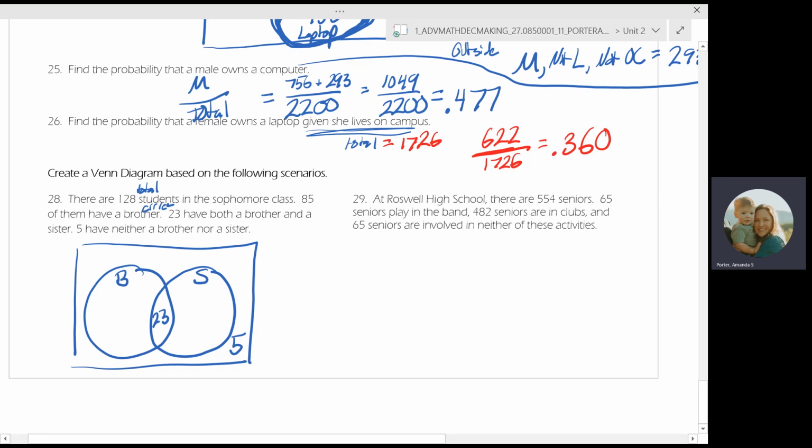Now, 85 of them have a brother. That's a circle, right? Remember, that's a circle. So for this section right in here, I'm going to use 85 minus that 23, because the circle is 85. So this section is 62.